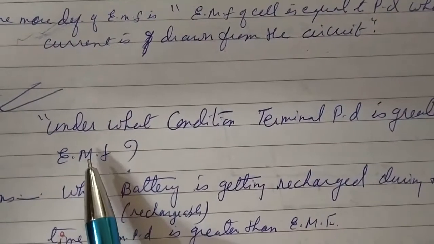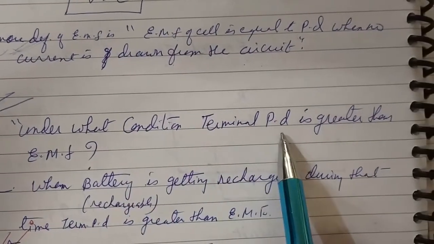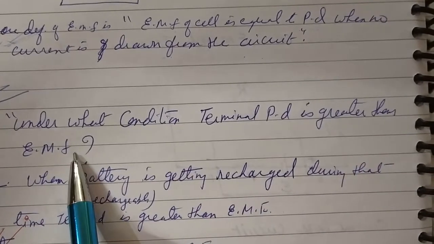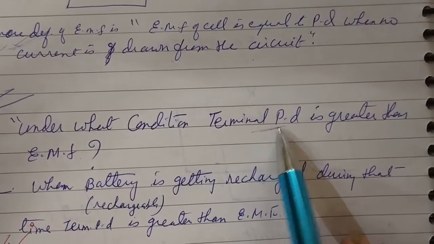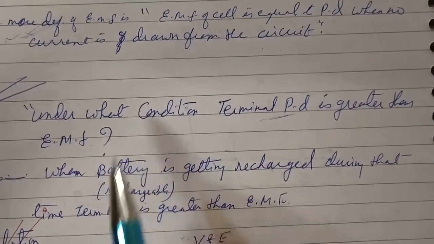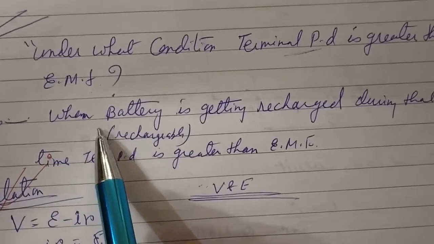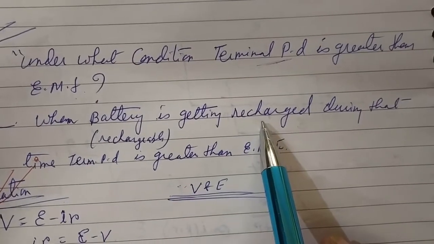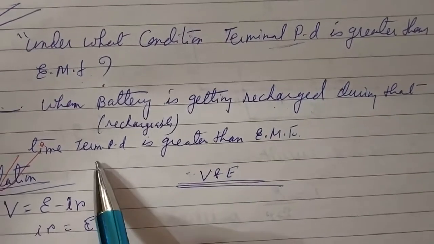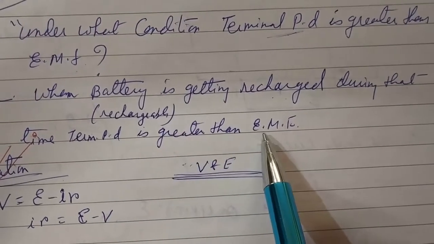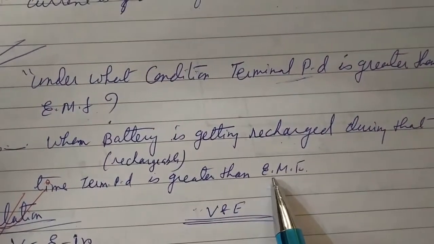Now one question is there, under what condition terminal potential difference is greater than the EMF? Generally terminal potential difference is always smaller than the EMF, but under what condition? The answer is when battery is getting recharged. During that time terminal potential difference is greater than EMF of the cell.